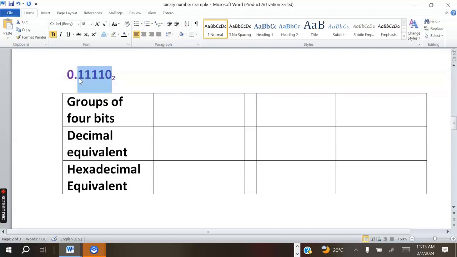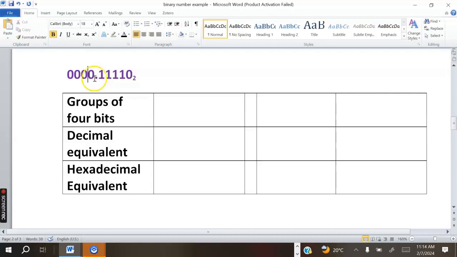If the bits are less than 4, then you are supposed to add 0 to the left of the bits of the integral part. So this is our integral part. So you're supposed to add other bits for it to total to 4.